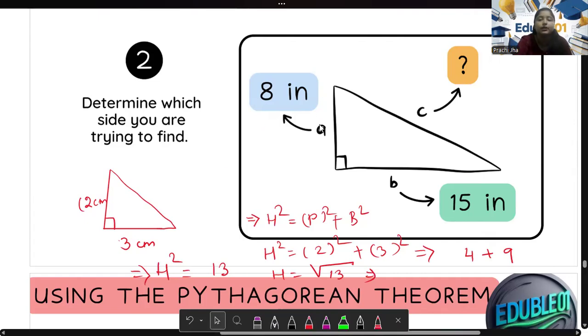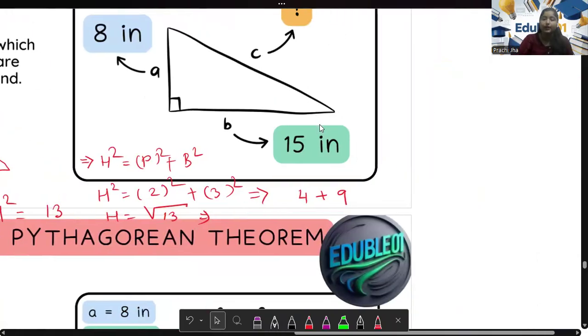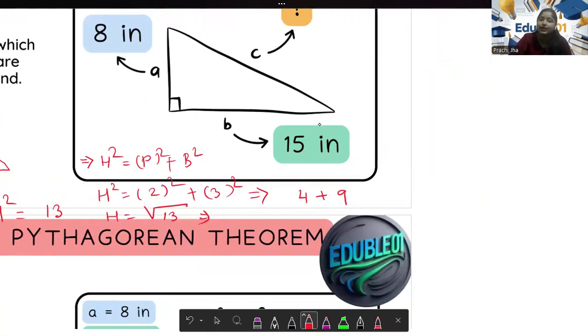Okay, let's stick with a number that can easily get divided and converted into a square. So let's say the base is 2 centimeters and the perpendicular is 4 centimeters, then how much will be the hypotenuse?